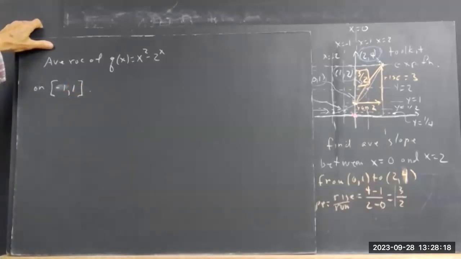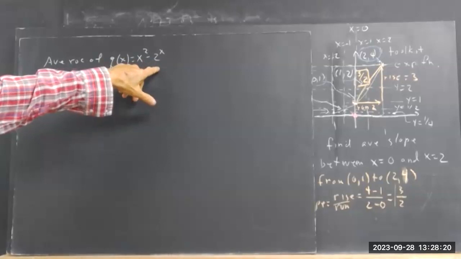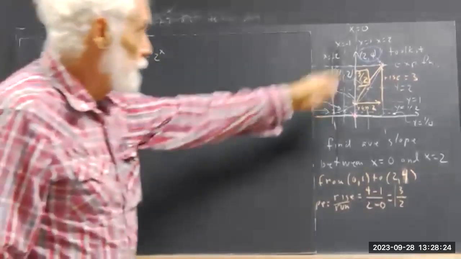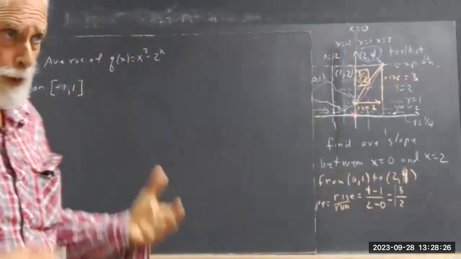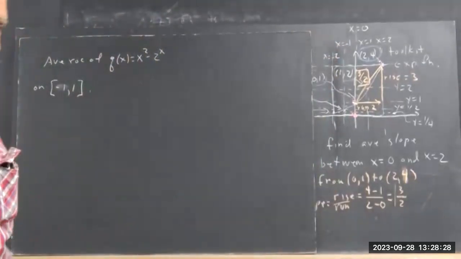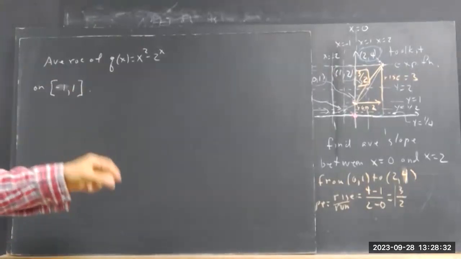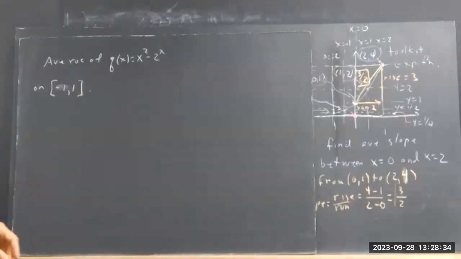Okay. Now you could draw a graph of this. You know how to draw the graph of x squared, then just lower it by whatever 2 to the x is, but I haven't showed you how to do that. And that always is kind of a point of confusion for people. So we're not going to draw the graph of that function at this point, okay? But there is a graph.